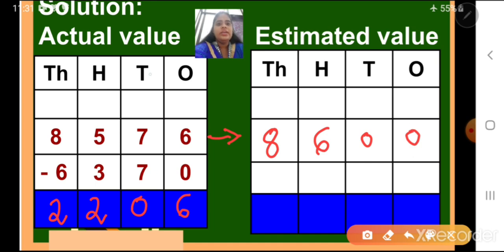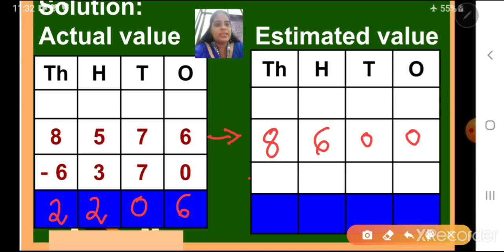Yes children, the number at 10's place and 1's place will become 0, and the number at 100's place will change, because the number at 10's place is more than 5. So 5 plus 1 here will be 6. The same way, here also you can see the number at 10's place is 7, which is bigger than 5. So we have to add 1 at 100's place.